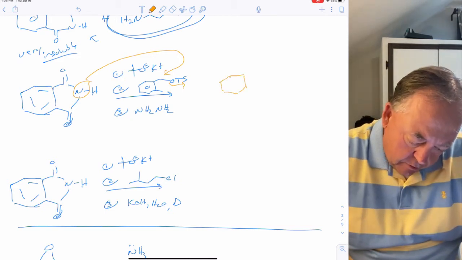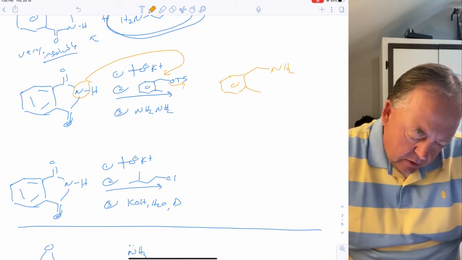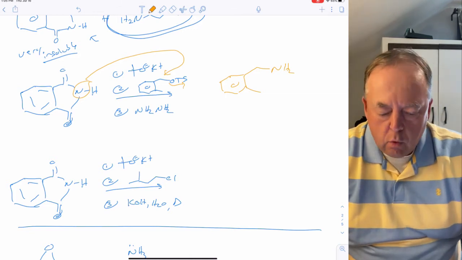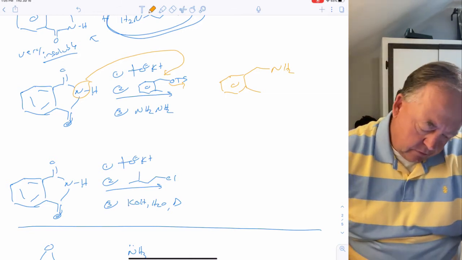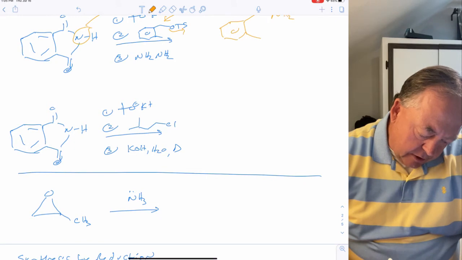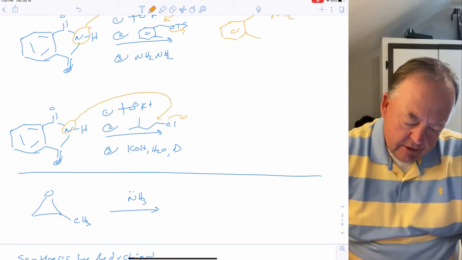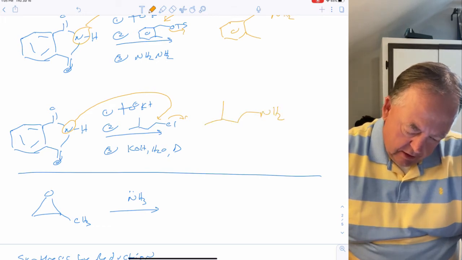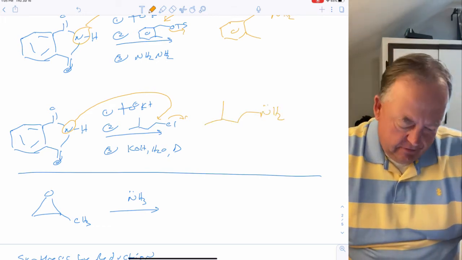So your product would be that. This nitrogen basically ends up as an NH2 wherever the leaving group was. Same concept here: that nitrogen is going to end up attached here, and that chlorine is going to be gone, and you would have the primary amine.